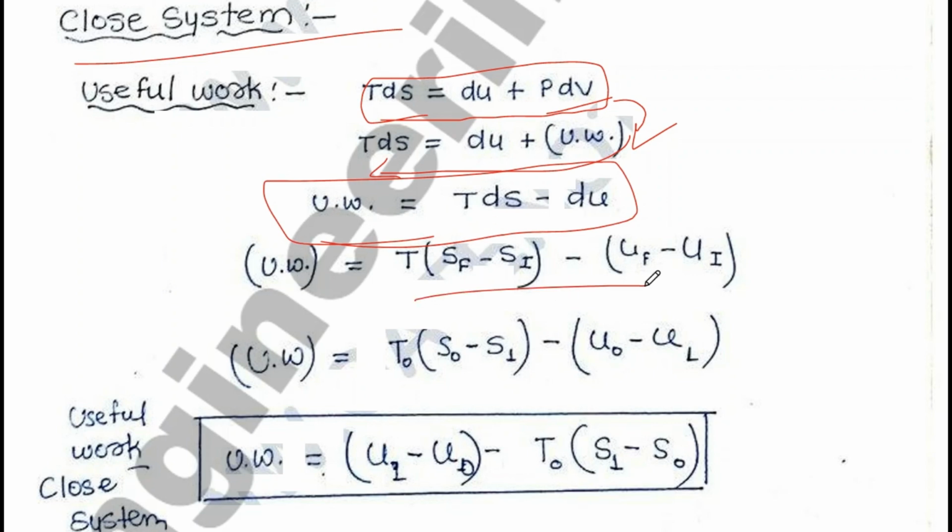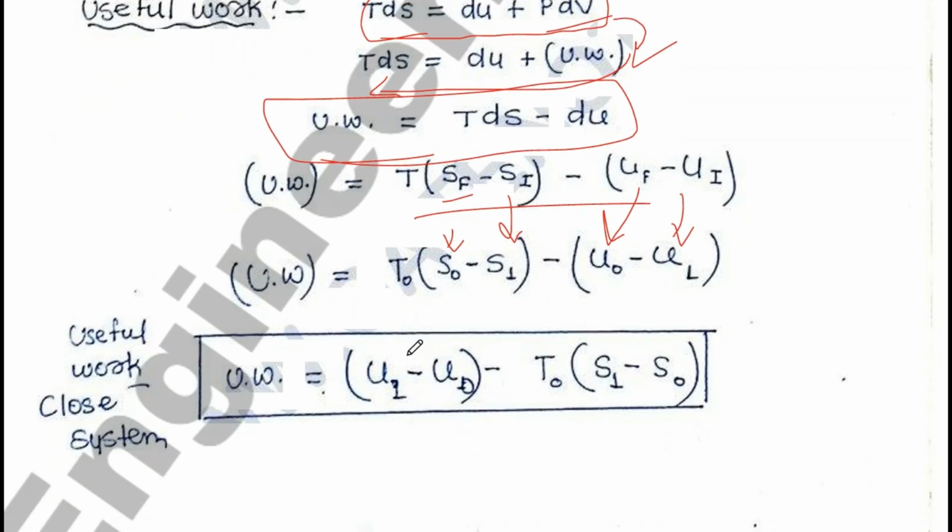So this basically is TdS minus dU. And if you are talking about the dead state, so for dead state, S final will be S naught directly, S initial will be S1, that is the initial state, and same for U final will be U naught and U initial will be U1.